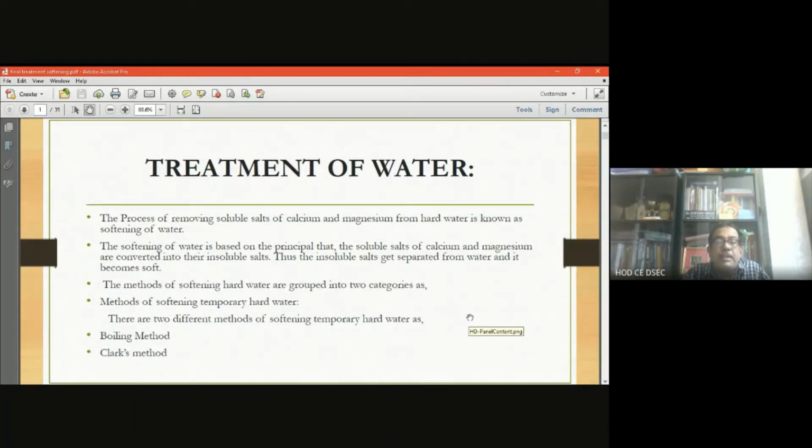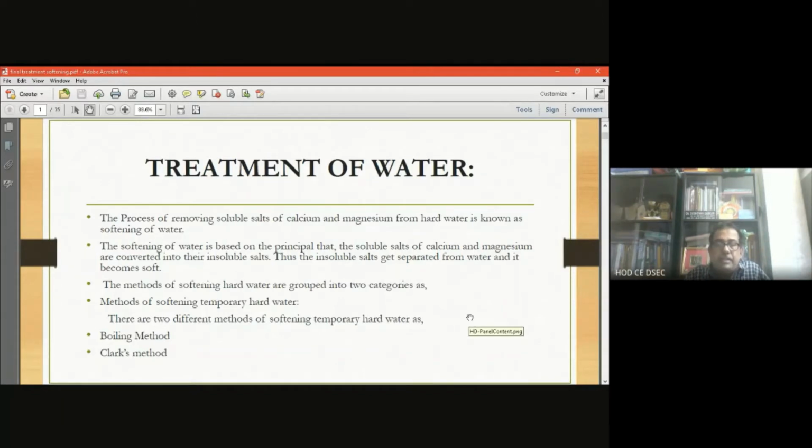We know from the characterization of the water, this is a physical characterization and this is a chemical characterization of the water. We have already seen that if it is hard water, there are two types of hardness. One is the permanent hardness, and another is the temporary hardness.